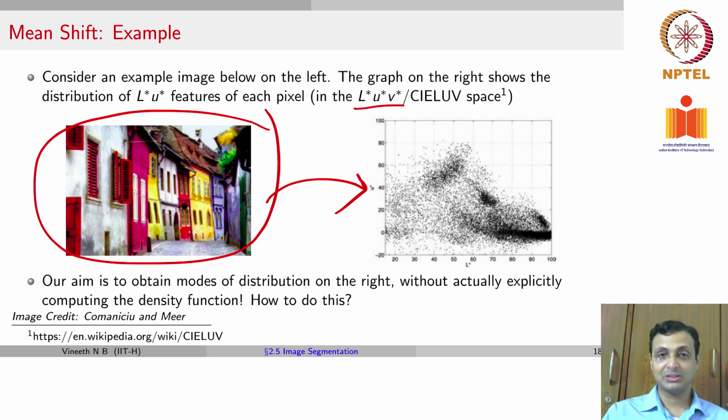For simplicity of plotting, this is a plot of only the L star, U star features of this image. So in this feature space, we ideally want to find out what are the modes of the overall distribution of the intensities in the L star, U star space. So how do you find the modes of such a distribution?